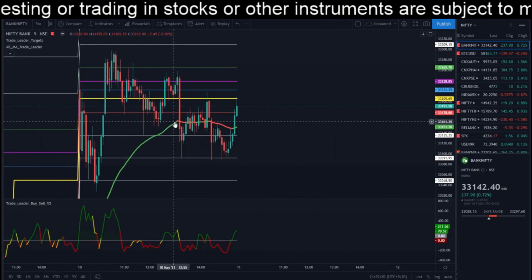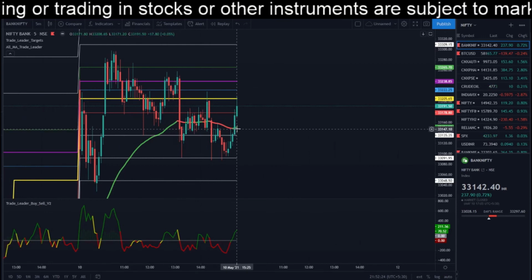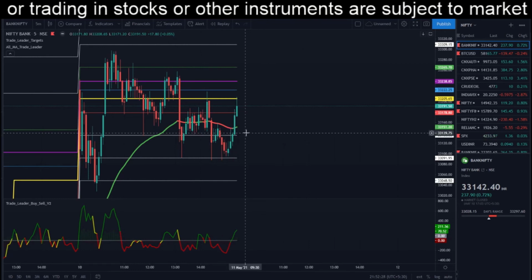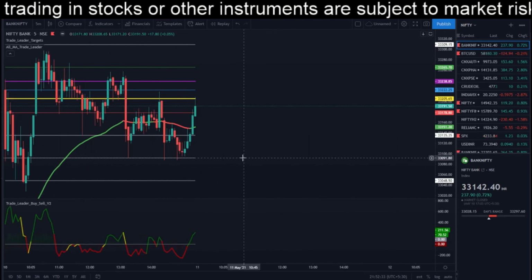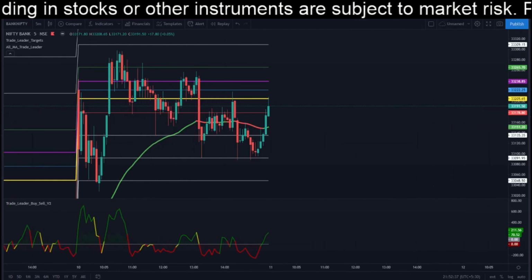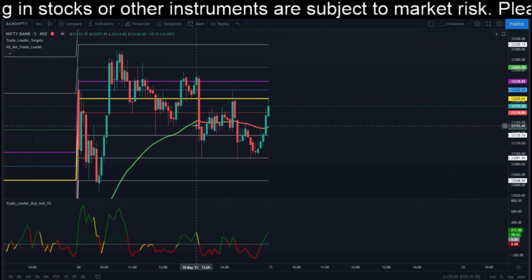And this line is a simple moving average of 5 minutes candle. Whenever you are trading, you should use at least one moving average in your chart. So this is the simple exponential moving average for your reference.